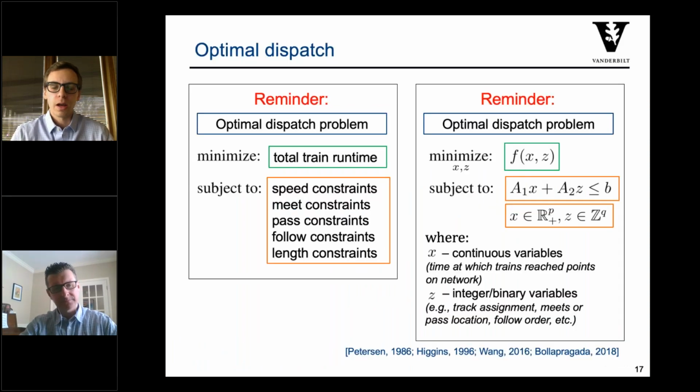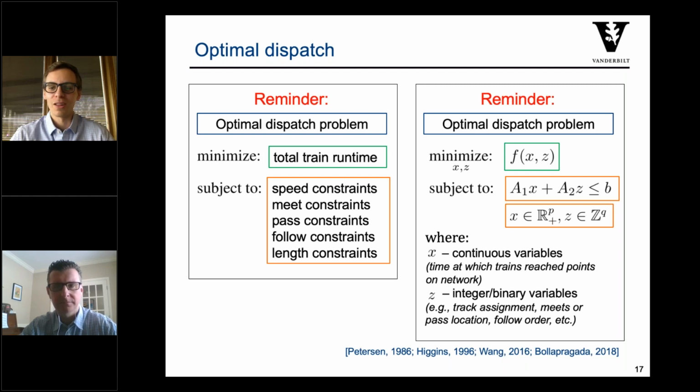In the context where we have applied these methods, we do not use a priority-weighted train runtime or anything beyond just a total train runtime calculation. But any linear combination of train variables and train parameters is a valid objective function for optimal dispatching, as well as for more complex optimization solvers.